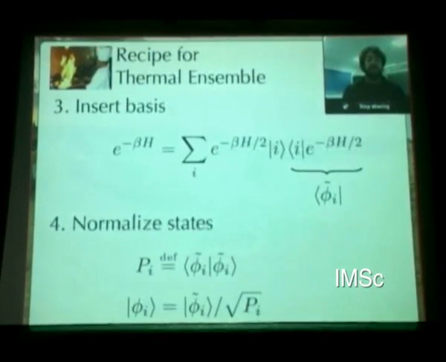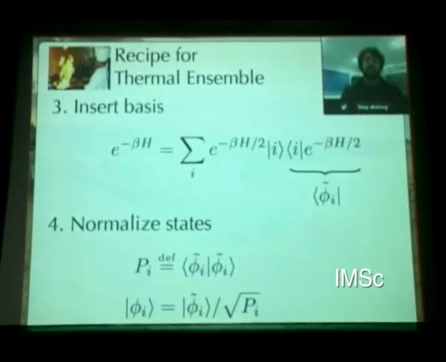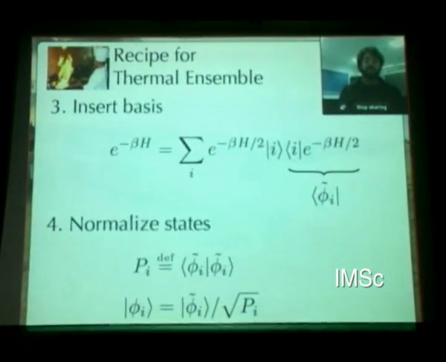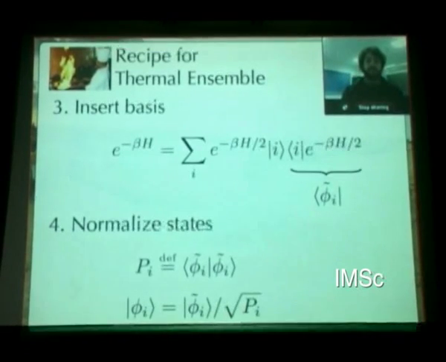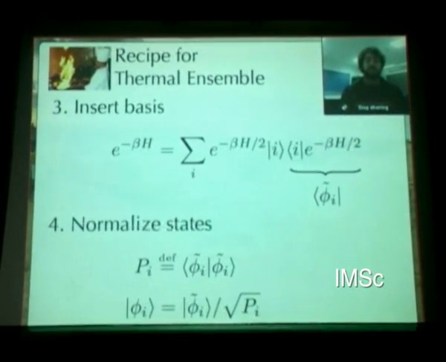So the question was, where did this beta h by 2 come from? What you're doing is you want to sample e to the minus beta h, so you take the square root. Why? Because you want to then go to these classical states.